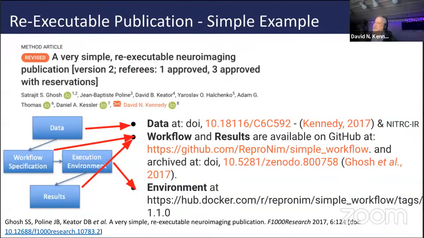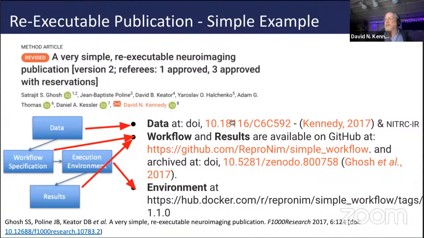So we've done a couple examples of this. The first one we refer to as simple 1, which was really just 20 subjects from the NITRC, the Neuroimaging Informatics Tools and Resources Clearinghouse, publicly available data, a very simple FSL volume workflow run in a very simple Ubuntu container built with NeuroDocker.